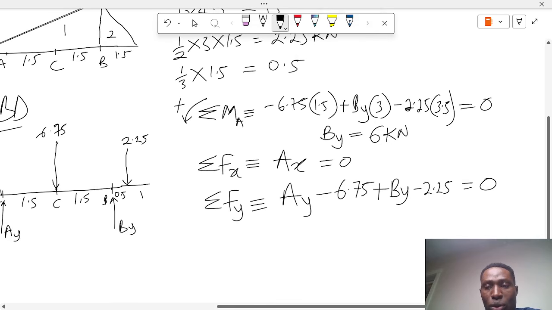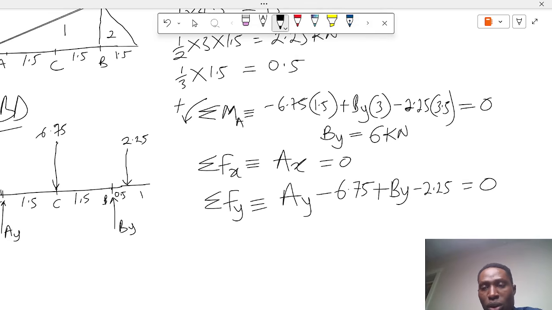Since we've solved for BY, we'll just substitute the value into this equation and get our AY. AY is equal to 3 kilonewtons.